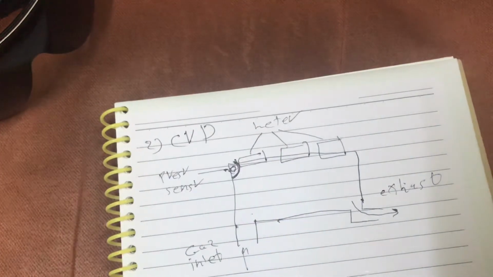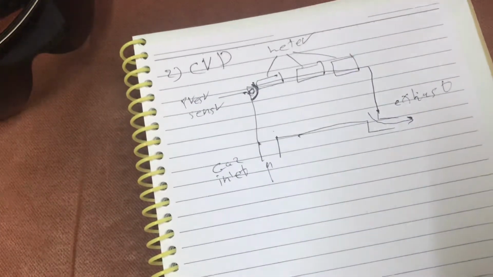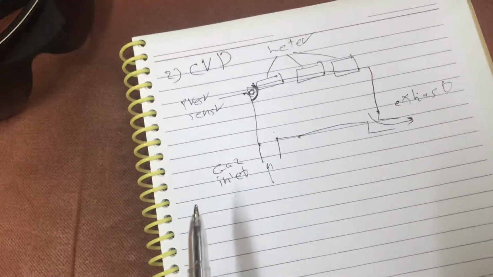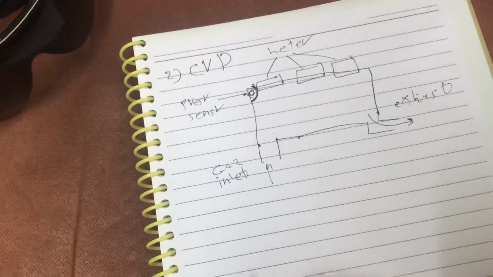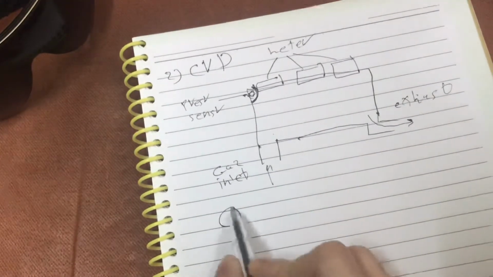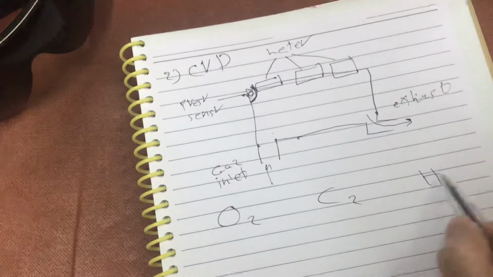I will explain. My dear student, in this experiment, we need 3 gases with 3 different ratios. So, for example, we need O2, C2, H2.